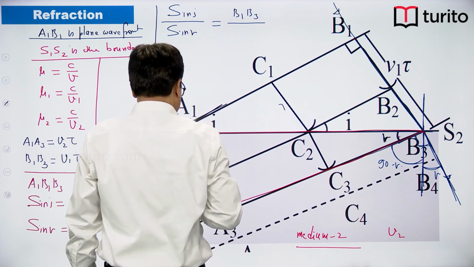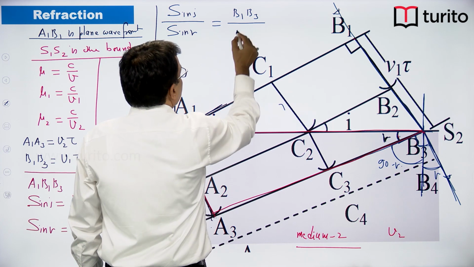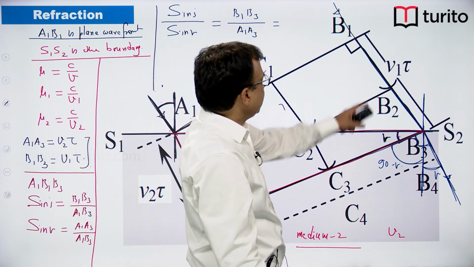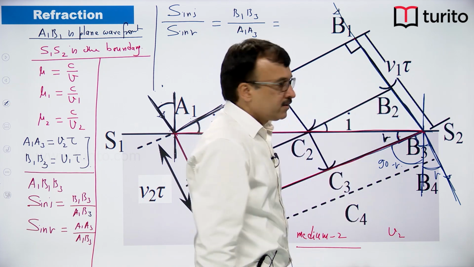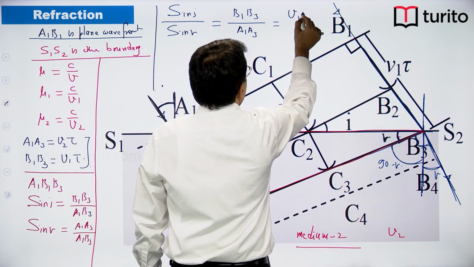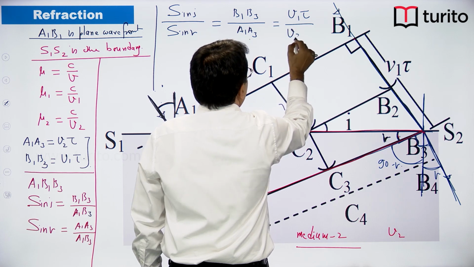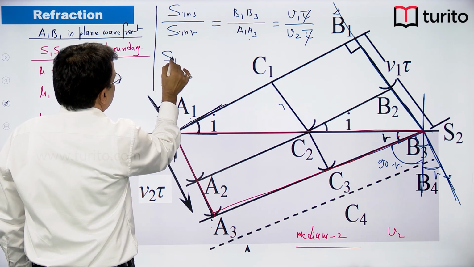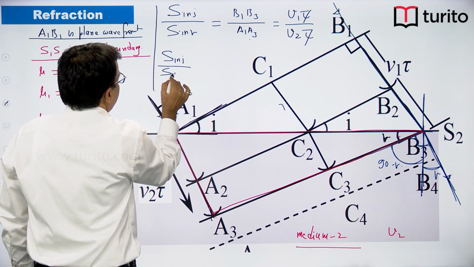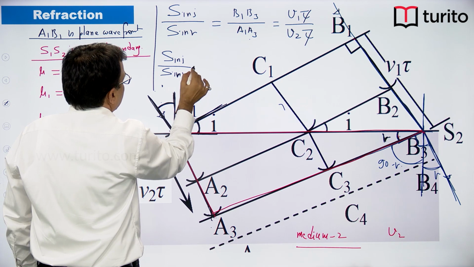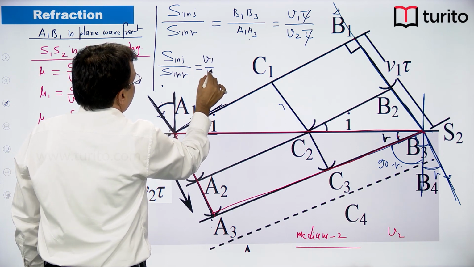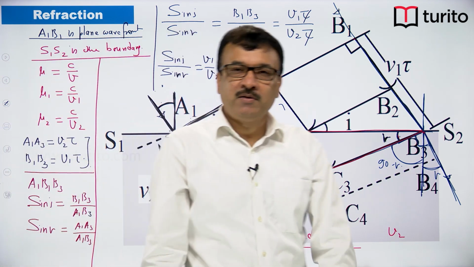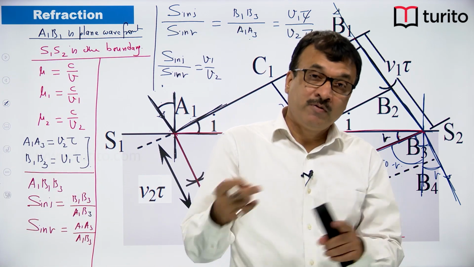B1 B3 is the distance travelled in medium 1, which equals V1 into tau, and A1 A3 is V2 into tau. Tau cancels out, and we get sin I upon sin R equals V1 upon V2, and this is Snell's law. So we have proved Snell's law by Huygens principle.